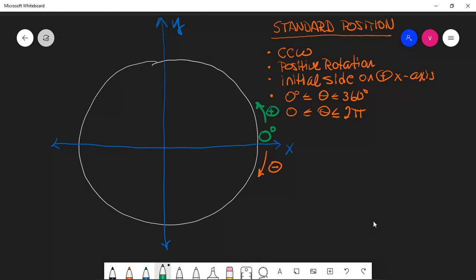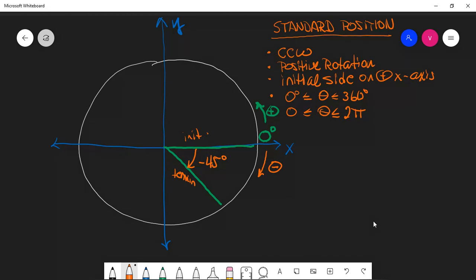Let's say negative 45. Okay, so here's your initial side. Here's your terminal side. I'm going to write that here. Initial, terminal is here. And now this whole time you are going backwards because it's a negative angle. So there is negative 45 degrees right there.